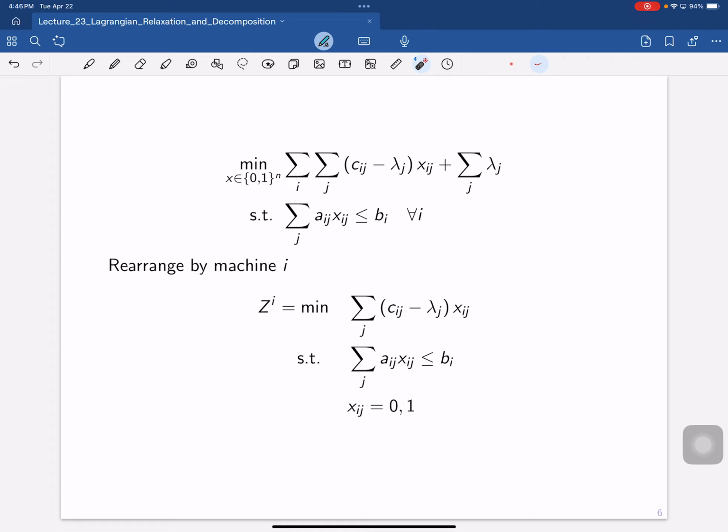For each machine you have a knapsack problem that you could solve using an MILP solver, or using things like dynamic programming.